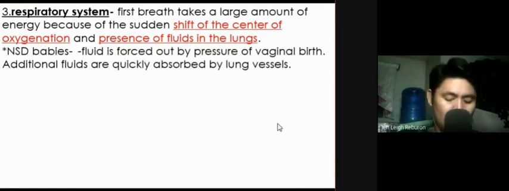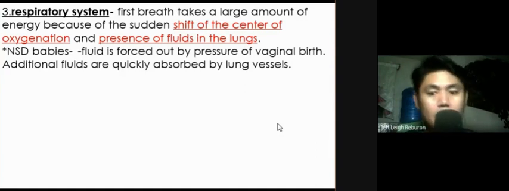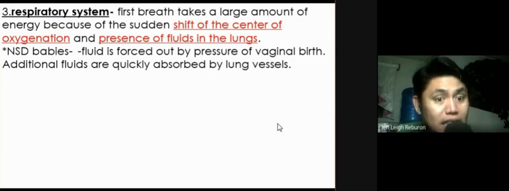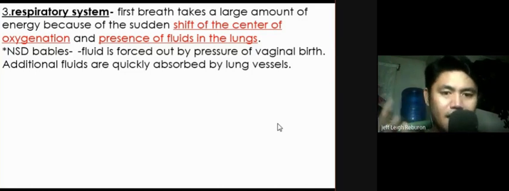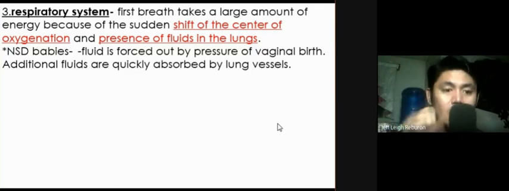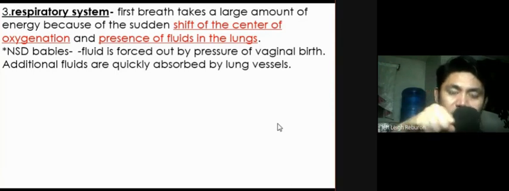Now, when it comes to newborns who are delivered via the normal spontaneous delivery or yung mga pinanganak po via the NSD, the fluid is forced out by the pressure of vaginal birth. Apay, di ka dejo ubingket magnamit di jayanti vagina. The newborn will pass the vagina.